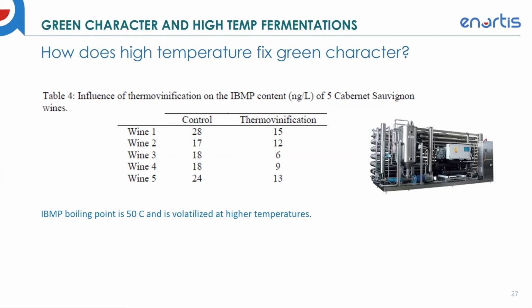But it can be removed with high temperature, either in the must or in the fermentation. IBMP has a boiling point of 50 degrees Celsius, so we can actually boil it off. We can remove or volatilize it at higher temperatures. So that's one strategy for that green characteristic: high temperatures through thermovinification or flash détente.